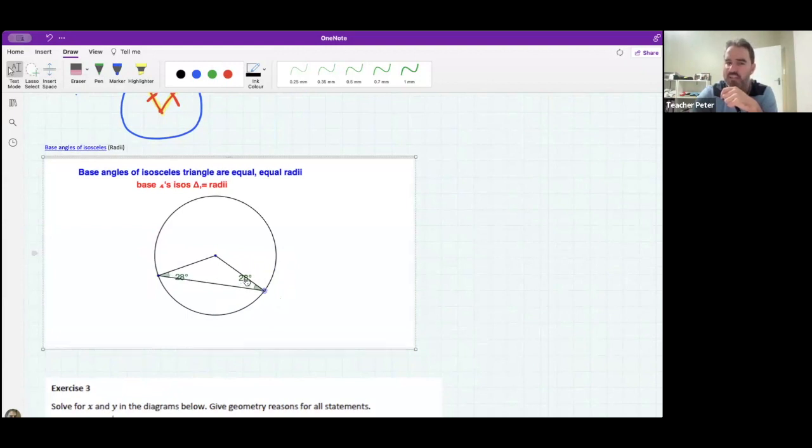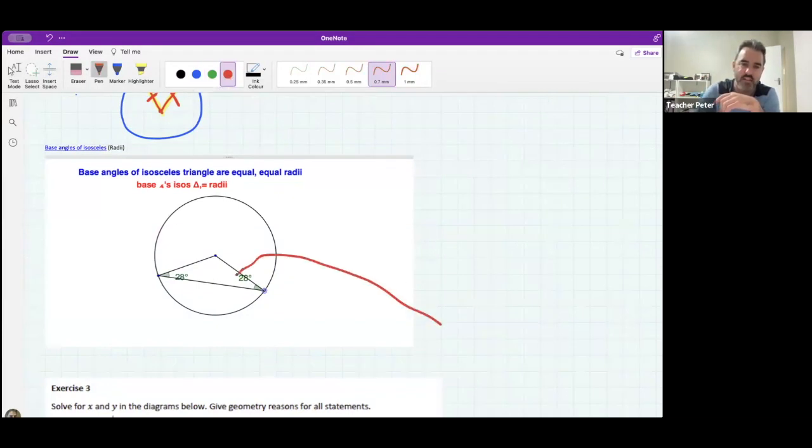Now, why are they staying the same? Because we know that both that side and that one over there are the same, which means those two angles have to be equal. They always stay the same because these radii are forcing isosceles triangles.